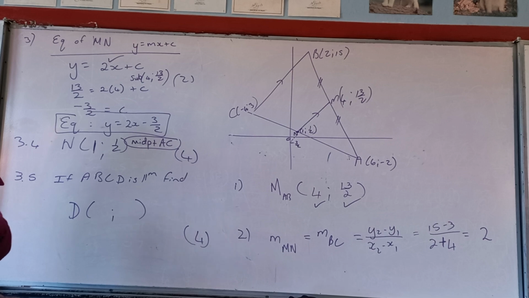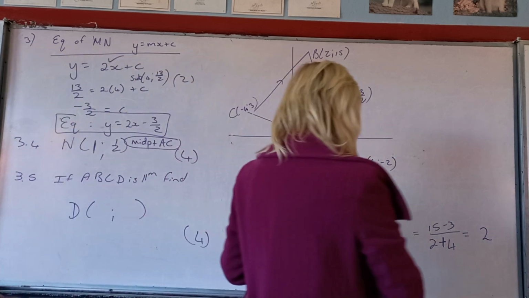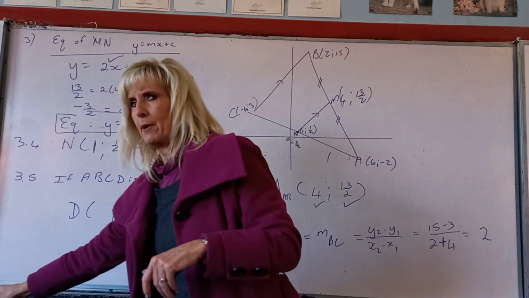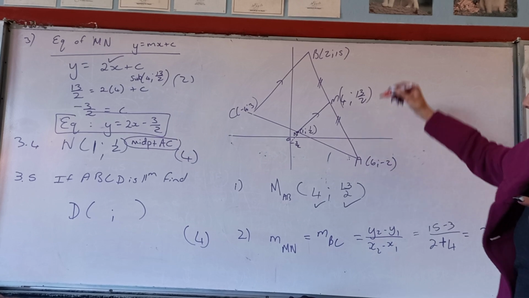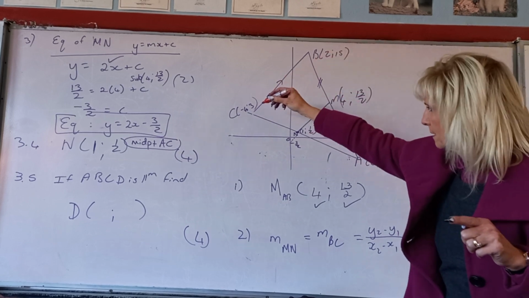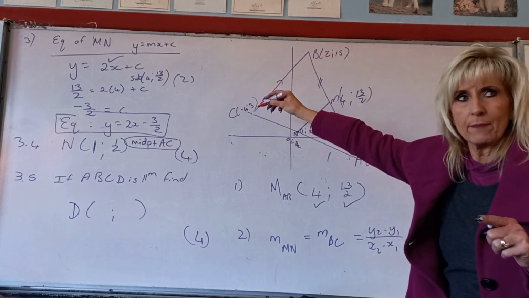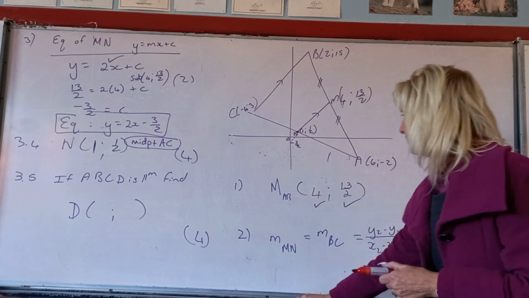Then the one that Bam loves to ask as well is if they say ABCD is a parallelogram. That must be crazy. I don't see a parallelogram. So, read the question. A, B, C. Where must D be to make a parallelogram? Down. Must be somewhere over here.